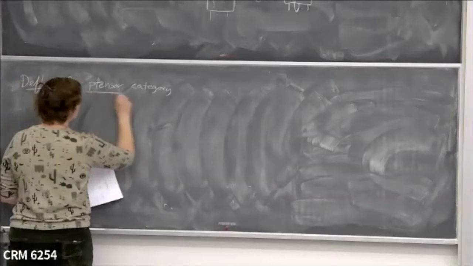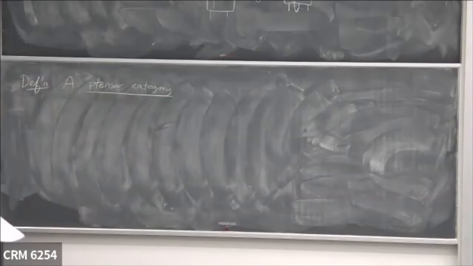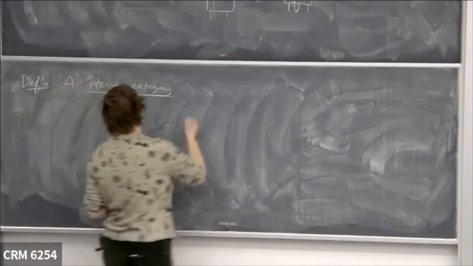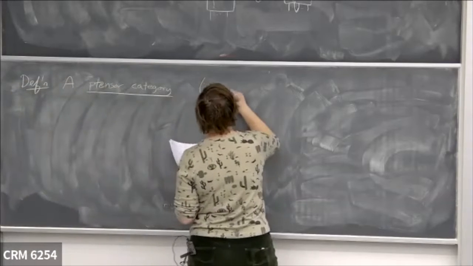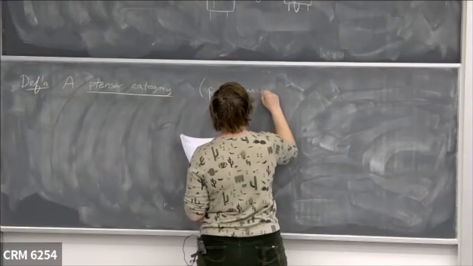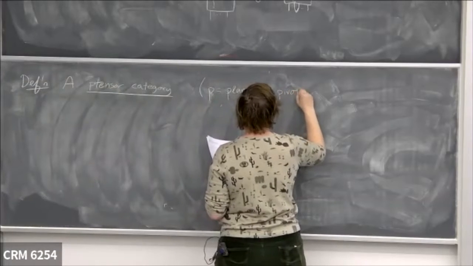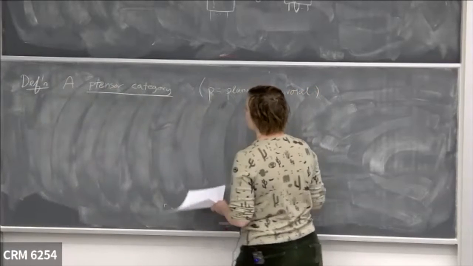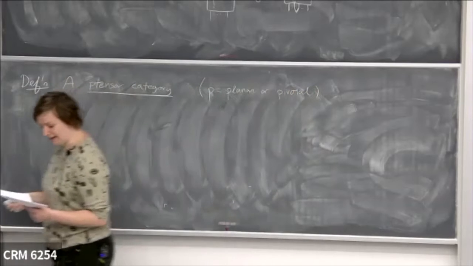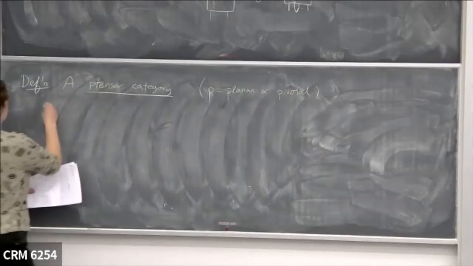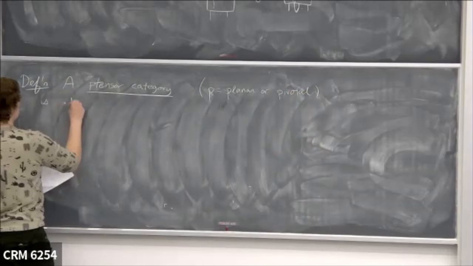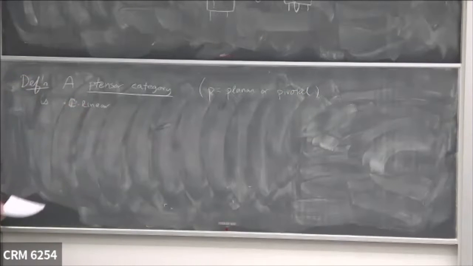Okay, so a P-tensor category, the P stands for, take your pick, planar, or maybe pivotal. Okay, but this kind of tensor category does not stand for Peters. It would have to be a capital P.